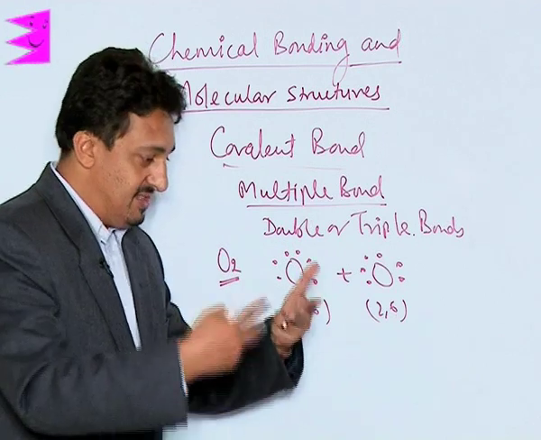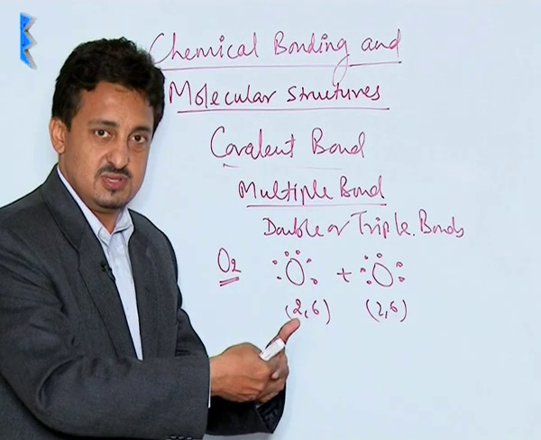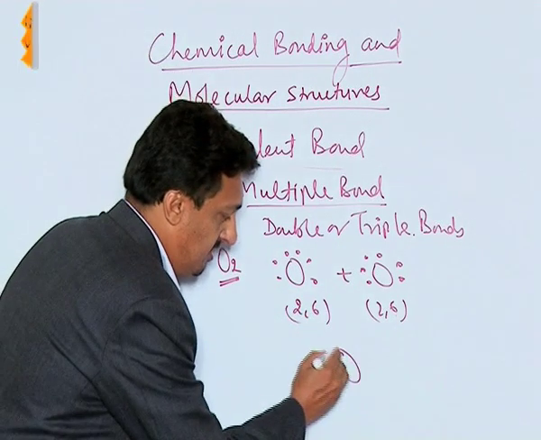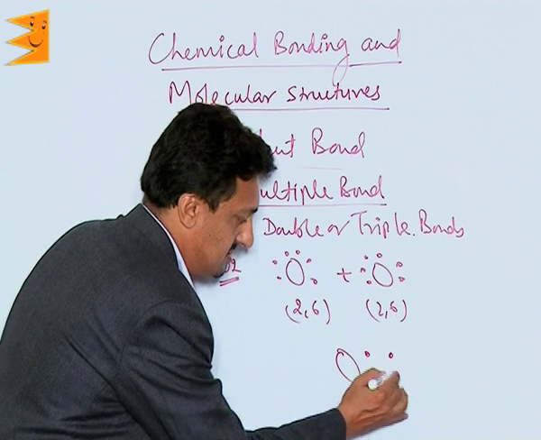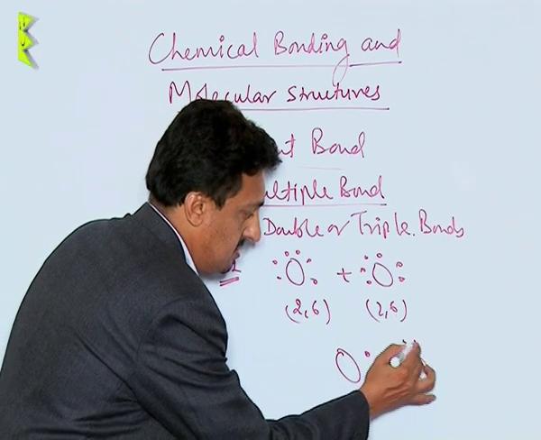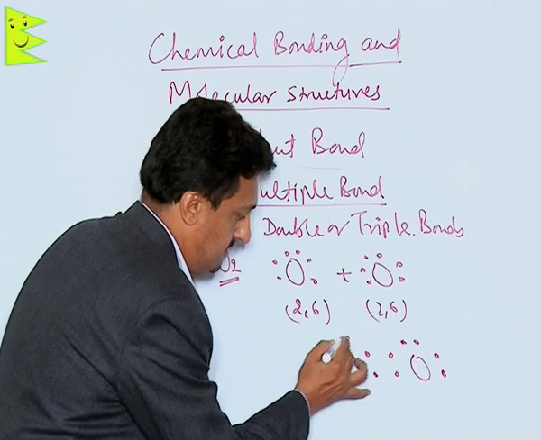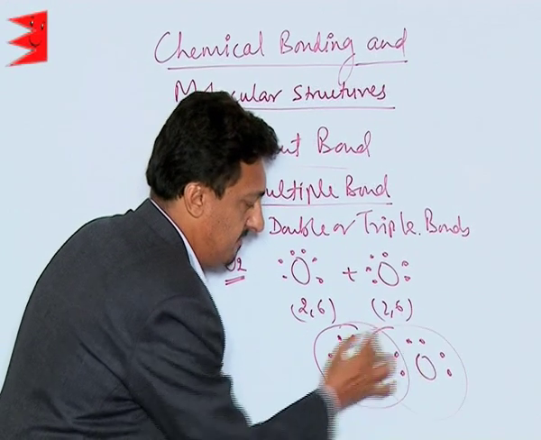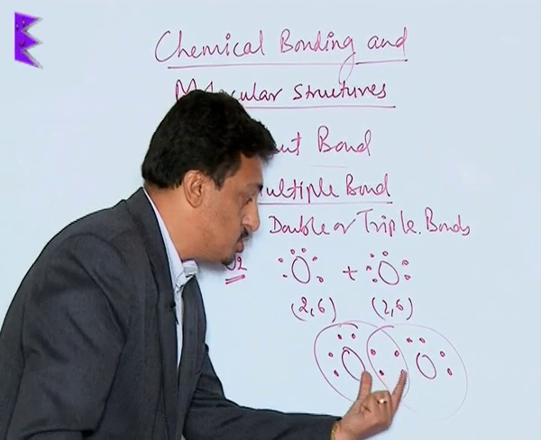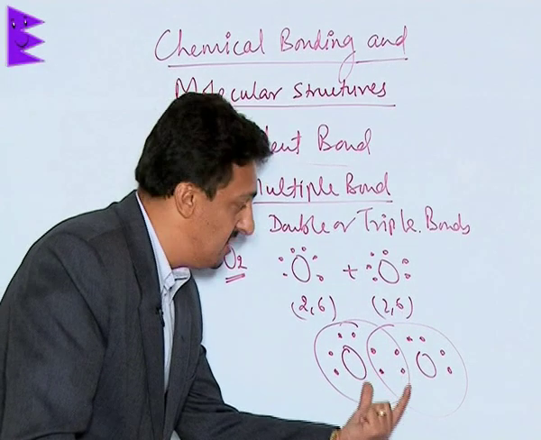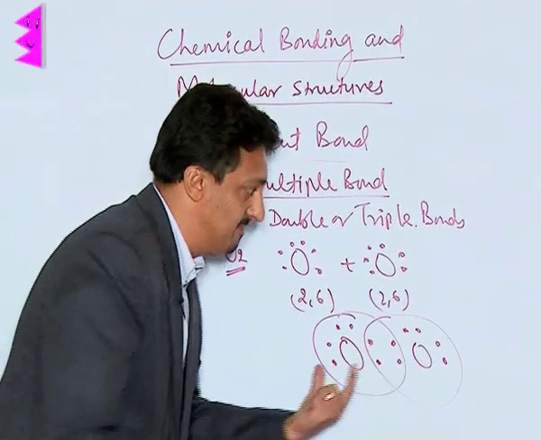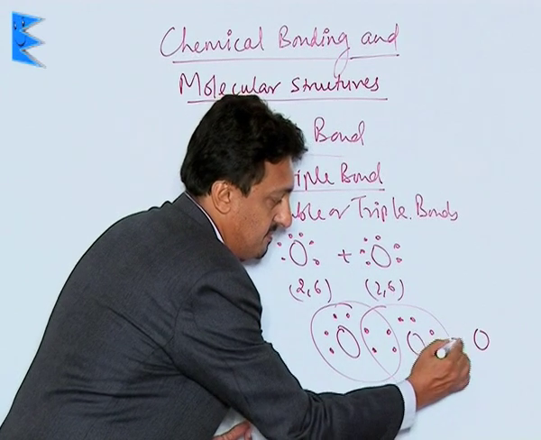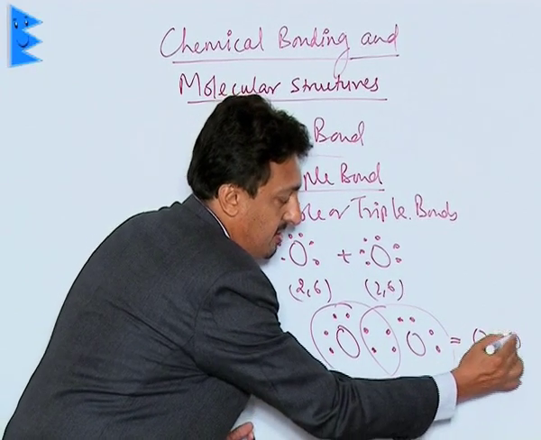So what they do is they share 2 electrons at one time with each other. So what we find is oxygen like this is having this kind of sharing. Since 2 pairs are shared between 2 oxygen atoms, we can draw it like this. Double bond oxygen.